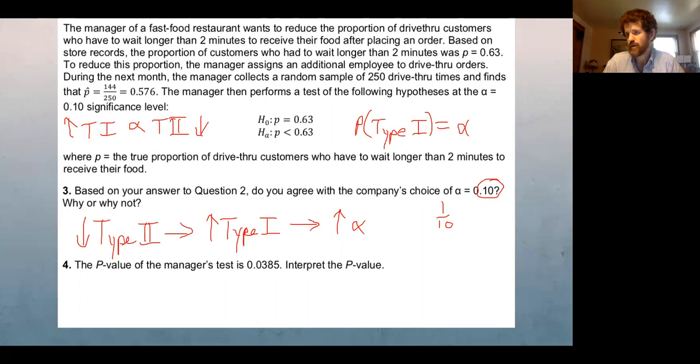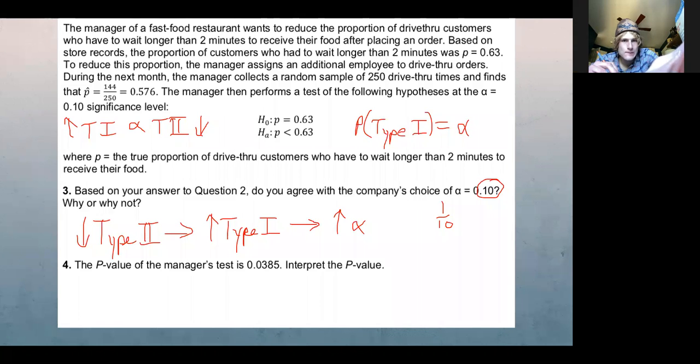Let me ask this question, because maybe you're not sure if 1 in 10 is the right level or not. So I'll just simplify your choice. Should we lower the significance level to 0.05? No. No, we should not.